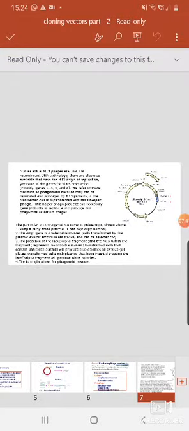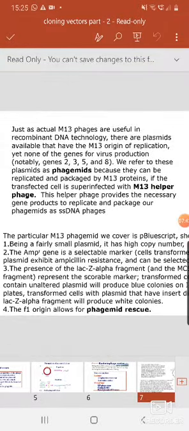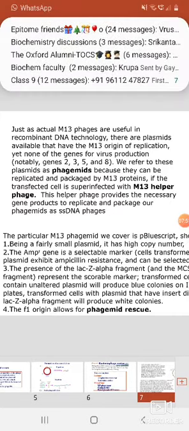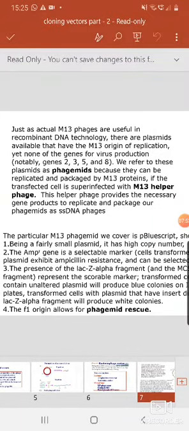Now the beauty of this: what are the important points you need to remember here? The plasmid has the M13 origin as well as the plasmid origin of replication. It can propagate as a virus particle if you give a helper phage, the M13 helper phage. That phage doesn't have any viral property, it only gives the packaging extract.